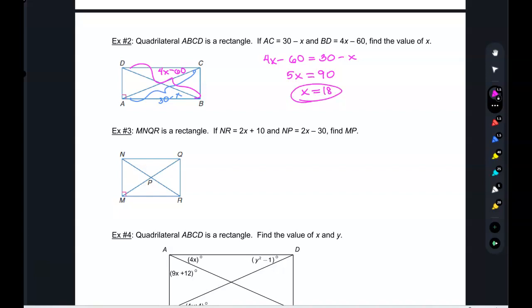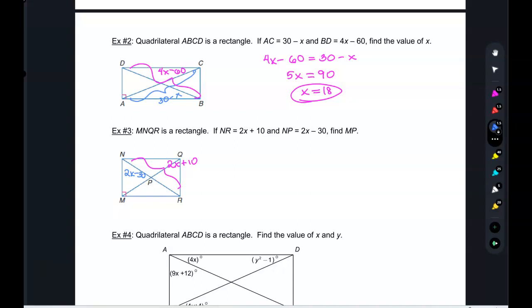Okay, now the next one. NR is 2X plus 10, so this whole thing is 2X plus 10. So we have to do 2 times 2X minus 30 equals 2X plus 10. How do we know that these are the same measure?